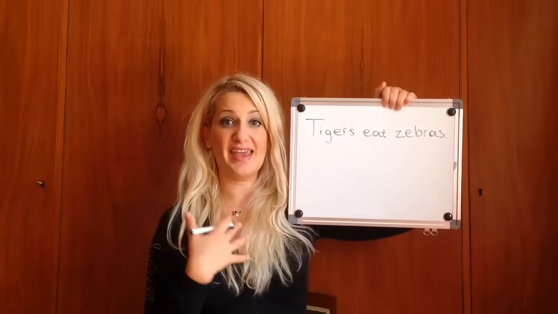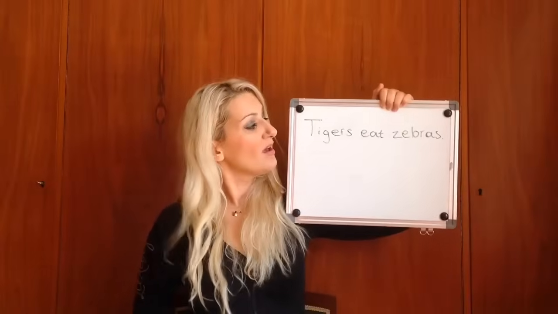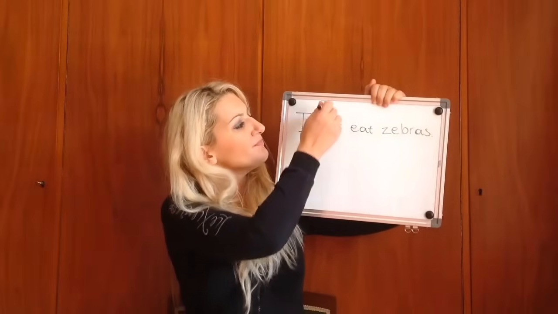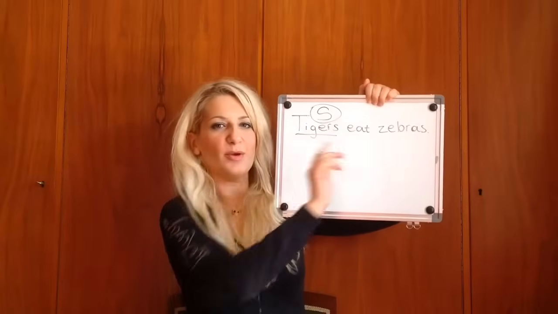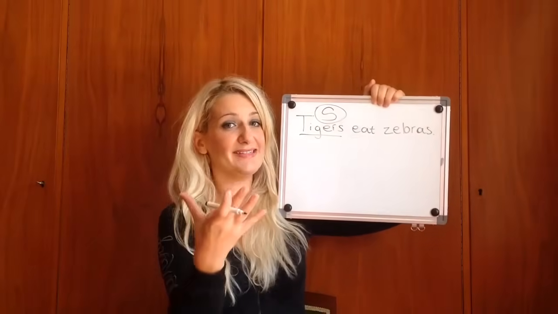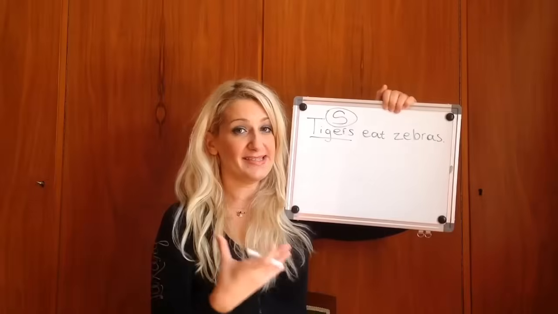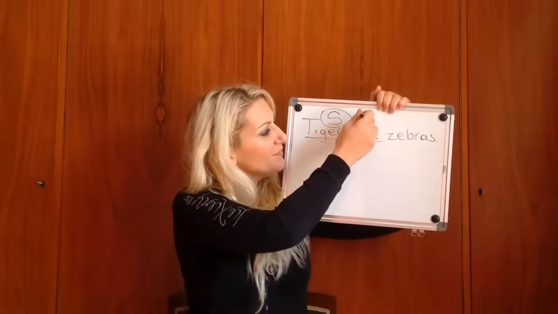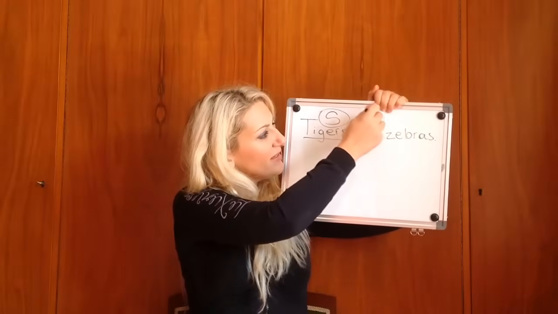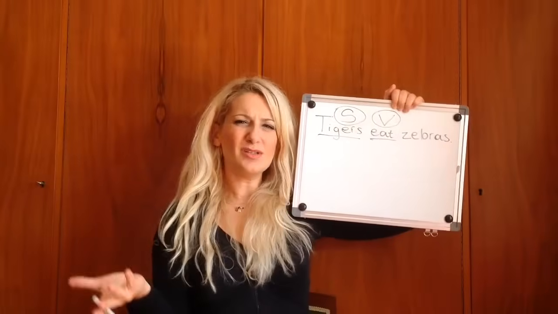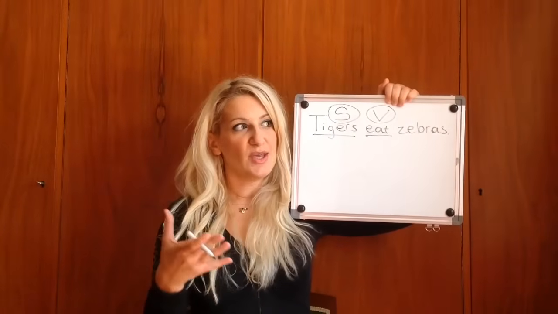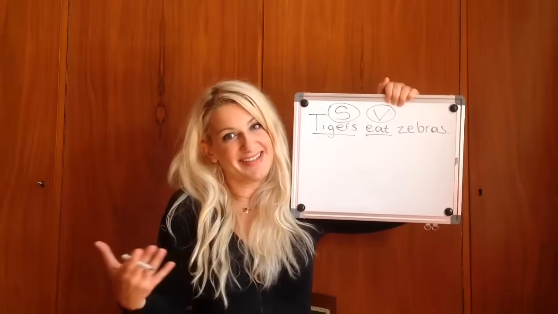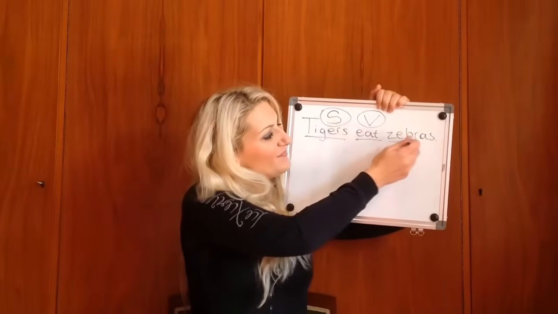In this case, our subject is, of course, the tigers. Tigers do something. What do they do? They eat. So our verb is eat. Tigers eat. What do they eat? They eat zebras. So in this case, our object is zebras.